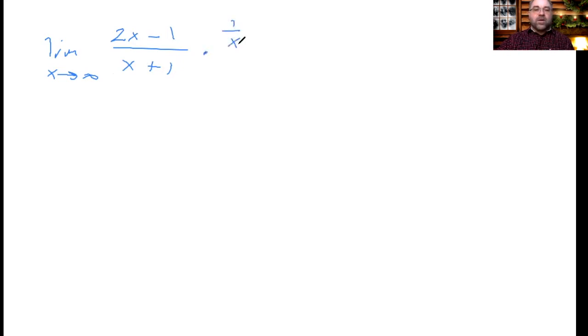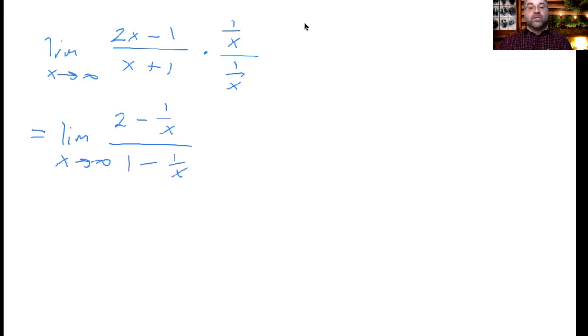We're going to multiply by 1. Just a very bizarre looking number 1, but there it is. And so by multiplying by 1 over x over 1 over x, look what happens to our limit here. We get 2 minus 1 over x over 1 minus 1 over x.